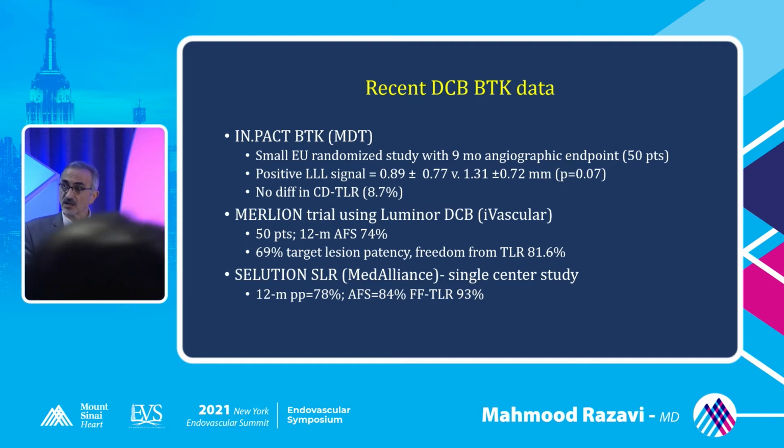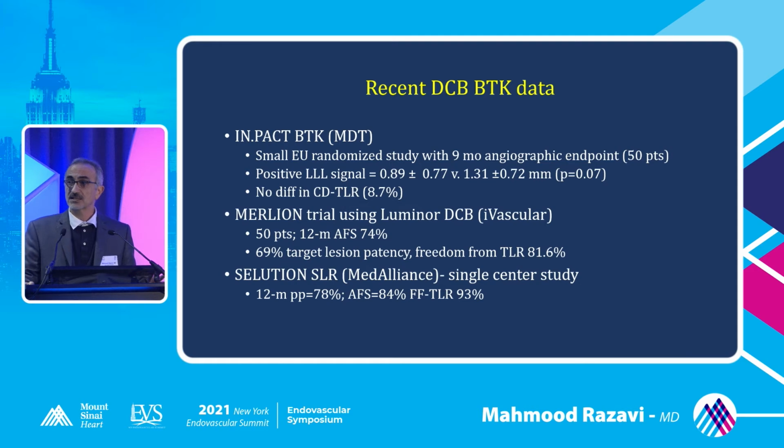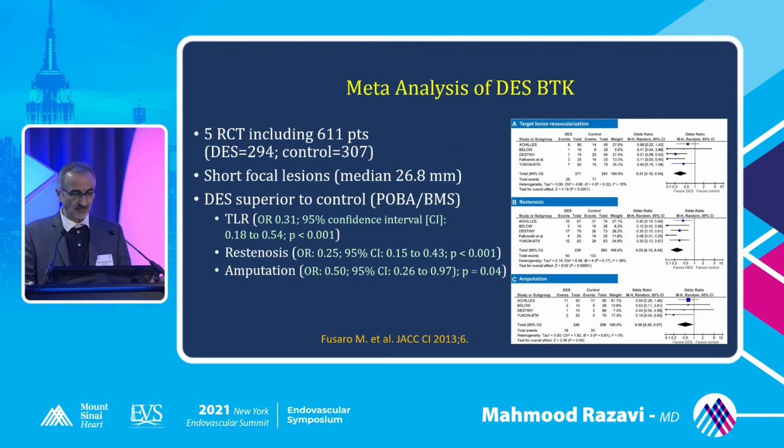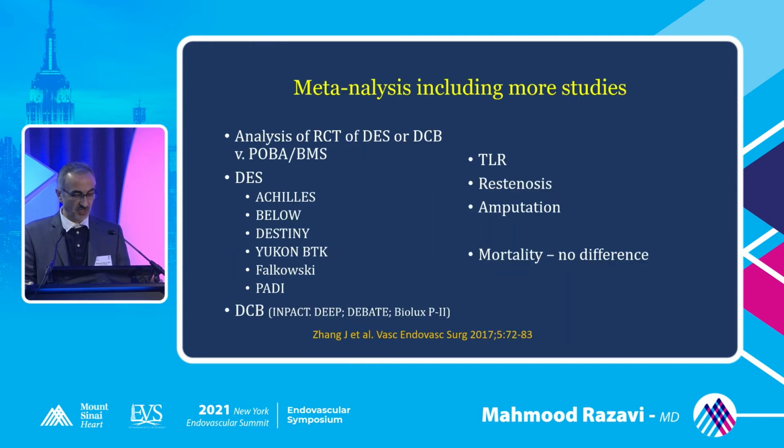Now, sirolimus balloons are showing some promise, but I don't think it's just the drug. The drug-eluting balloons are balloons. We still will fail the recoil and dissection that we talked about. The meta-analysis you've seen earlier on the drug-eluting stents is in favor of drug-eluting stents, both for TLR, restenosis and amputation rate.